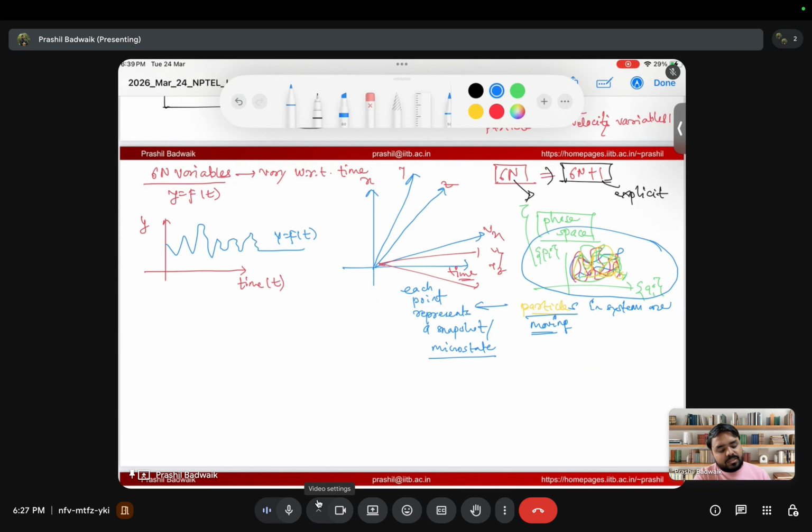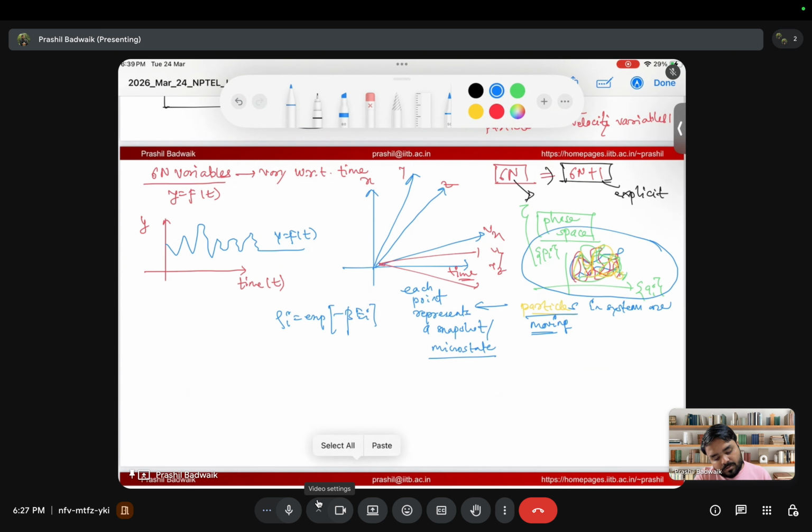and that energy will give rise to the probability density of that particular state, that I'm writing as rho, which is equal to exponential minus beta Ei.